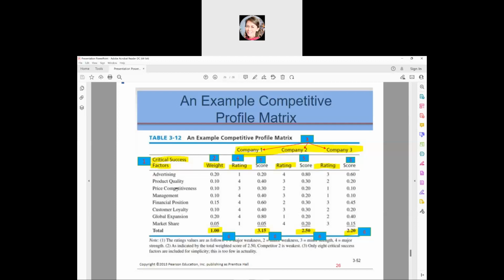In here, weight and rating are given based on collective understanding of the whole scenario of factors that affect the organization. So in other words, the managers would provide these ratings.